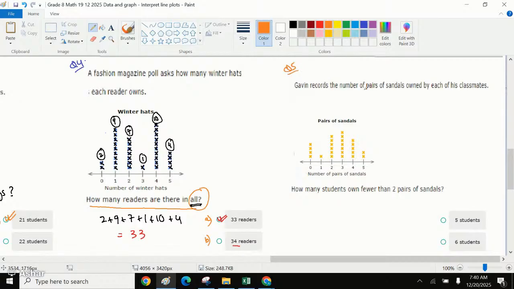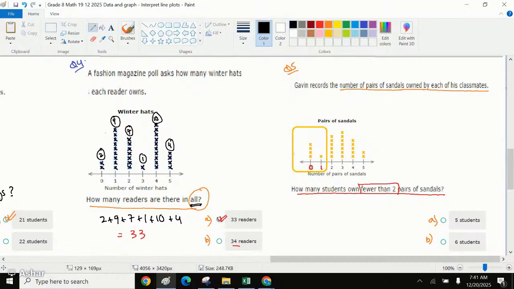Gavin records the number of pairs of sandals owned by each of his classmates, right? This would be option A. This is option B. Let's suppose we ask how many students own fewer than 2 pairs. Fewer than 2 pairs means they can either have 0 pairs or 1 pair. They cannot have 2 pairs because we are looking at a number that is less than 2.